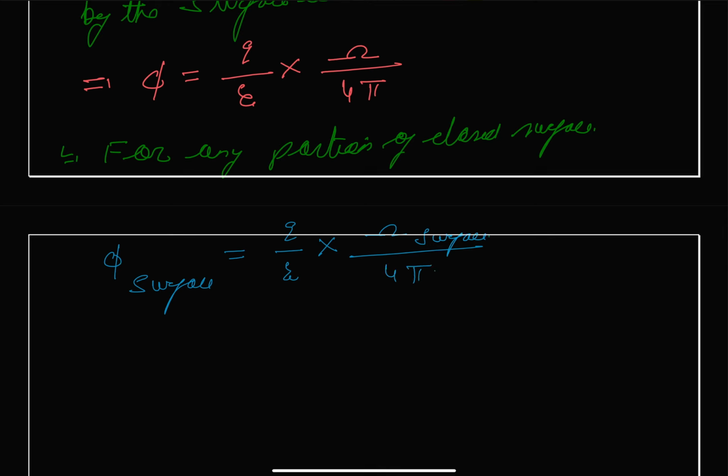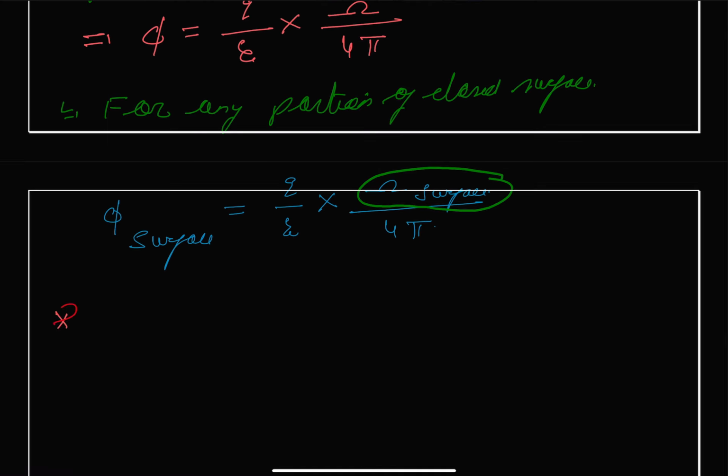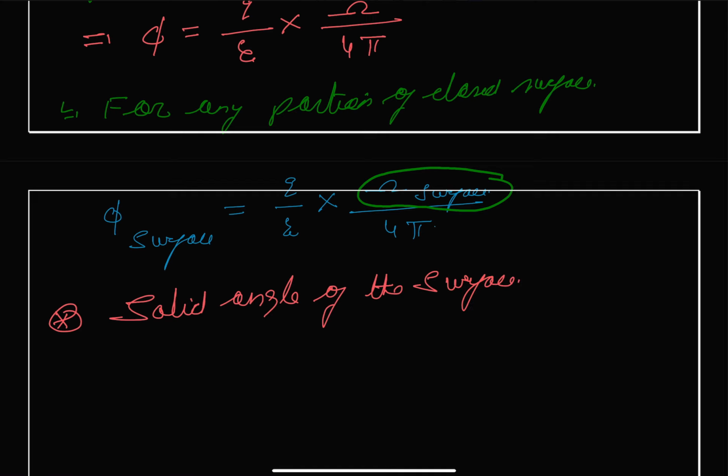Now let's find out what will be the solid angles for the surface, because we need to find out this solid angle because of the surface. So first is our hemisphere. So you can say solid angle of the surface, and first is our hemisphere.